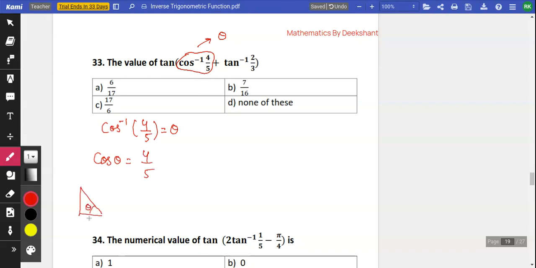Suppose this angle is theta. Cos theta is basically base upon hypotenuse. Base is 4 and hypotenuse is 5. Using the Pythagoras theorem, it becomes 3. Tan theta is basically perpendicular upon base. Perpendicular is 3 and base is 4. So theta equals tan inverse 3 upon 4.